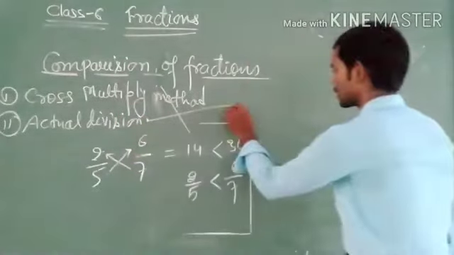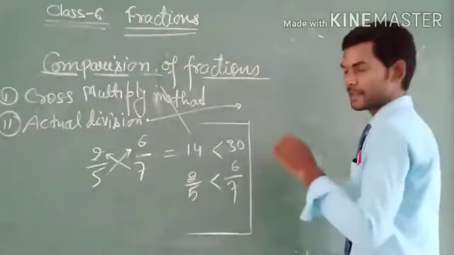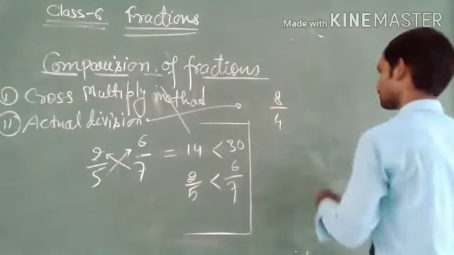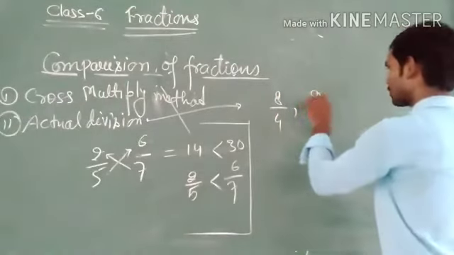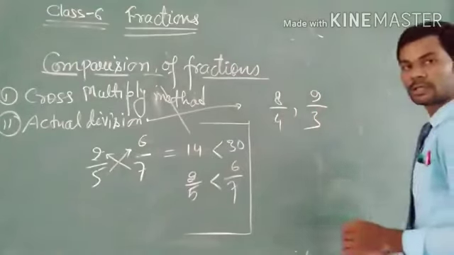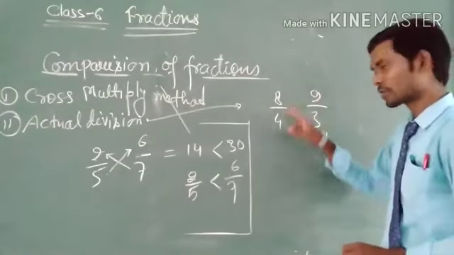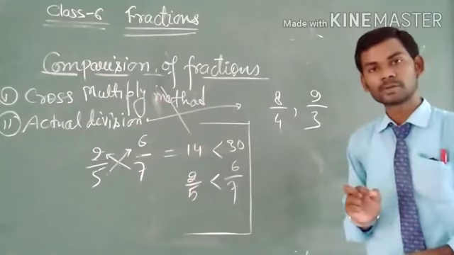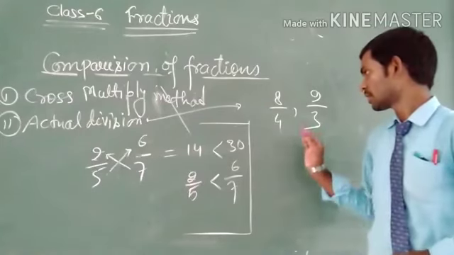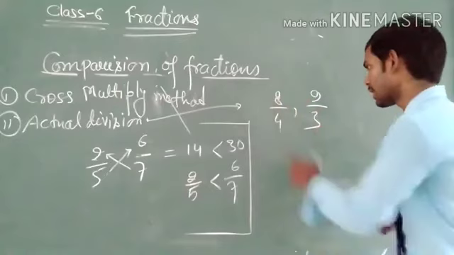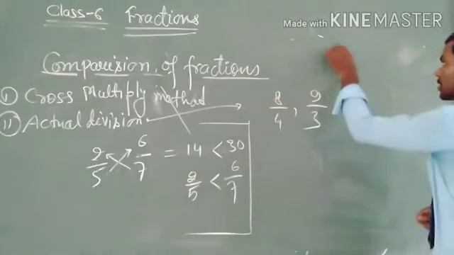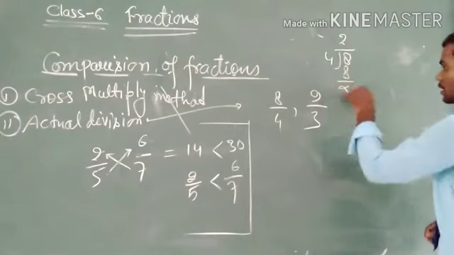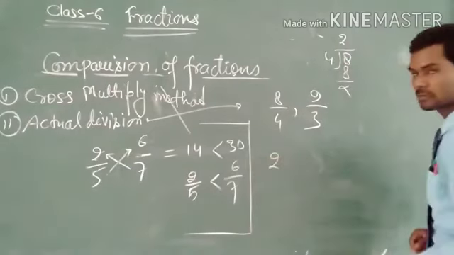Now let's see the next one, the division method. If I have 8 upon 4 and 9 upon 3, we can do cross multiply, but here I want to apply the division method. When we divide 8 by 4, we get 2.